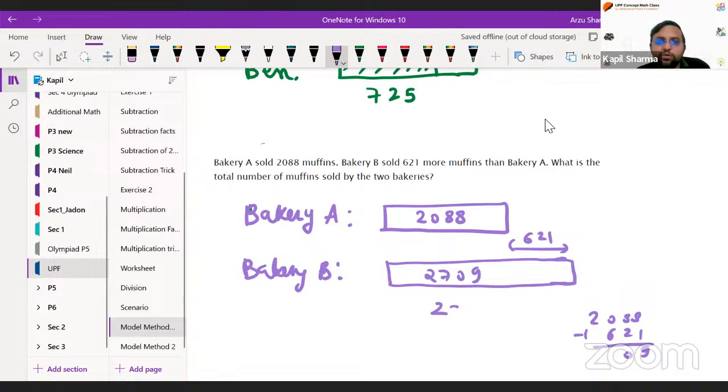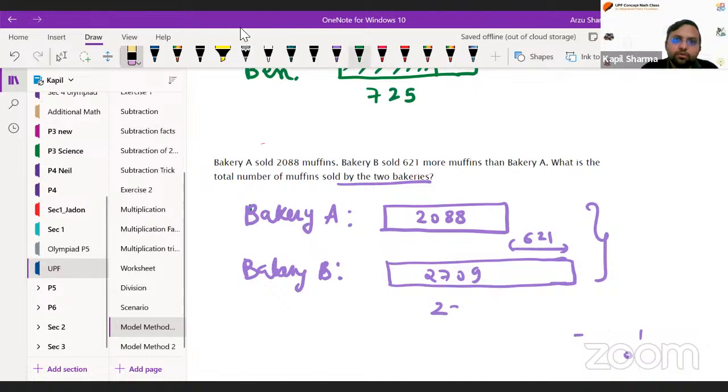Yeah, Yashika. So now the question is the total number of muffins sold by the two bakeries. So finally, we need to add these two. Just a second. So 2088 plus 2709.